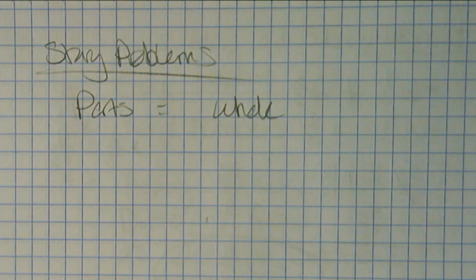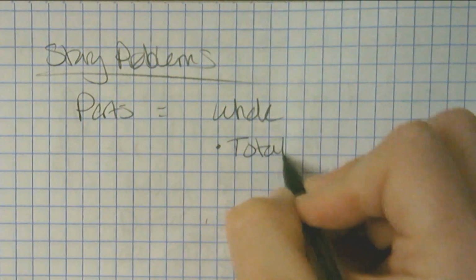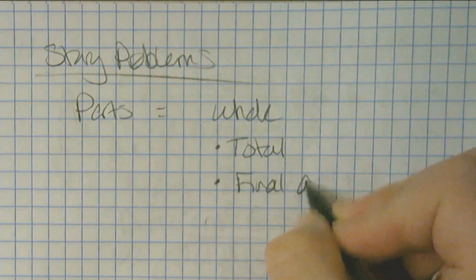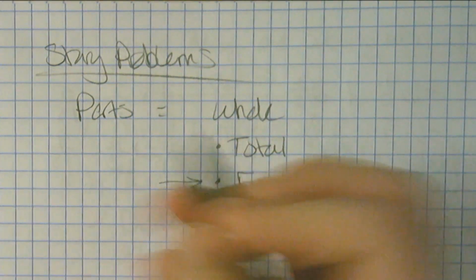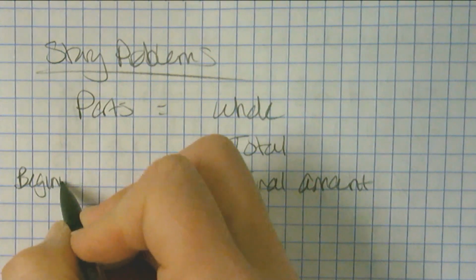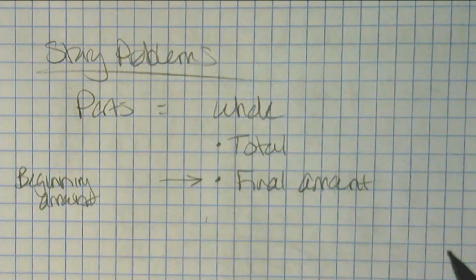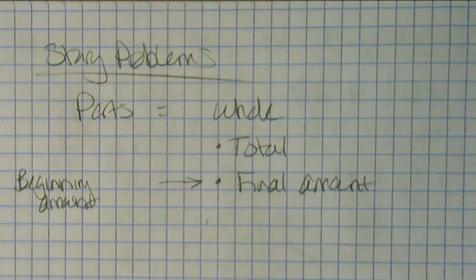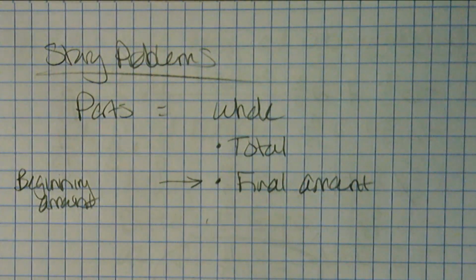But keep in mind, our whole, first of all, can be the total of what we're measuring, but it also can be a final amount. When we have a final amount, that means our beginning amount is a part. Are you guys cool with that? You guys remember us talking about that before?